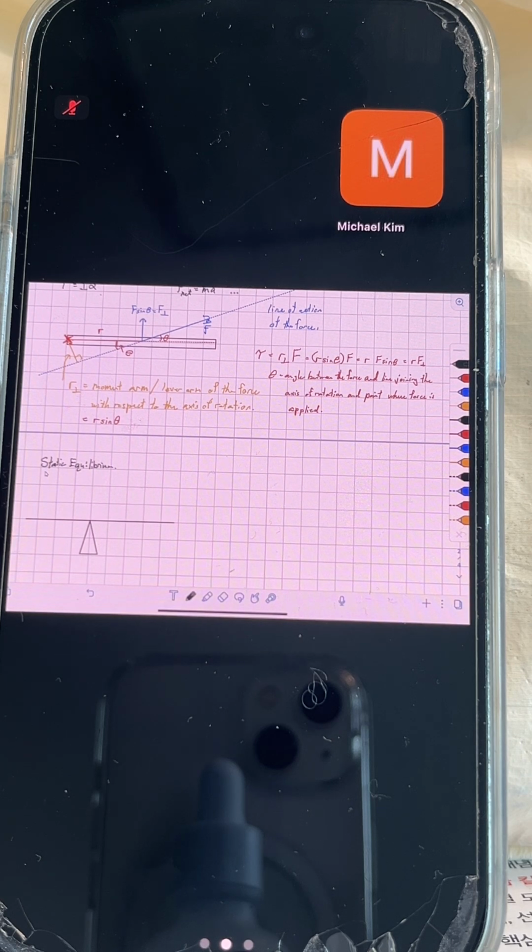And then if I've got, say, an object here of mass 1, and I've got some object, say here, of mass 2, and then if I call the distance from here to here R2, and I call this R1, if this is my axis of rotation, and then we ask things like, what is the relationship between R1 and R2 if the board is in static equilibrium.